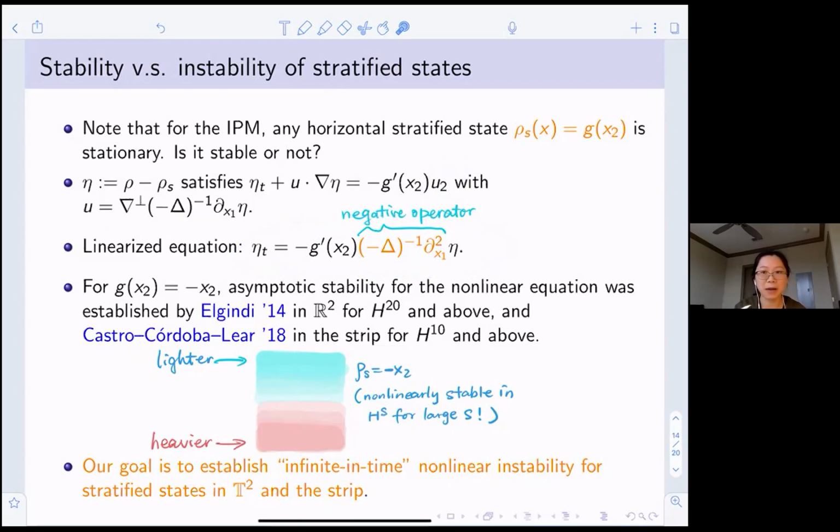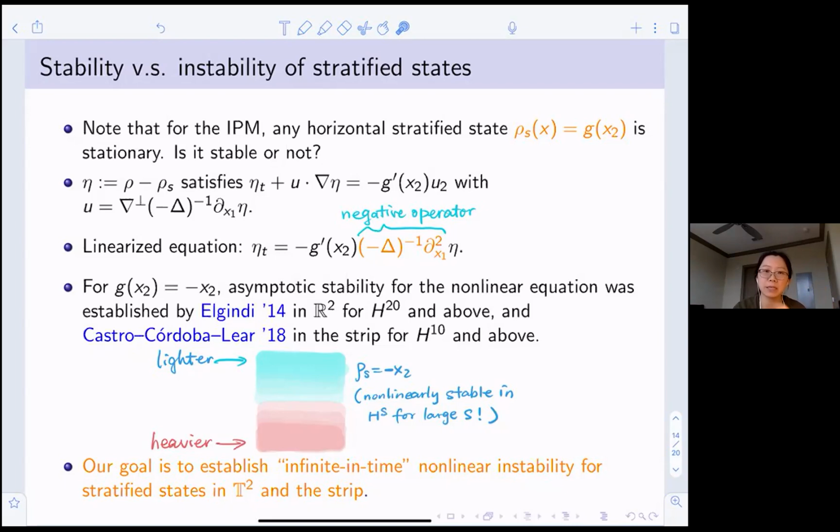But if G prime is positive somewhere, which physically means the heavier density is on top of the lighter one at some place locally, then we would naturally expect it to be unstable, due to the Rayleigh-Taylor instability in some sense. Whereas if the lighter fluid is always on top of the heavier one, then intuitively we would expect stability.